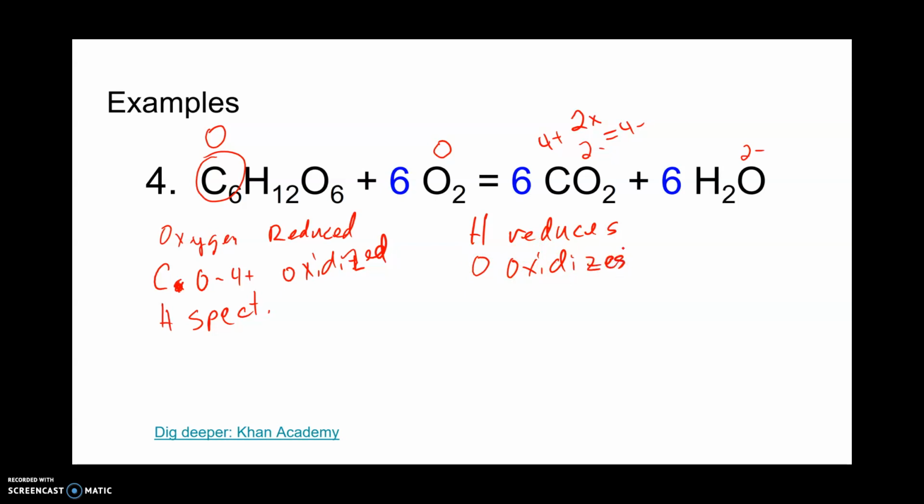So you look at this, you see that carbon has gone from being in a compound to being by itself with oxygen, so carbon has been oxidized. You can also see that hydrogen in this compound has been added to hydrogen in the product, so hydrogen has also been reduced in this way of thinking.